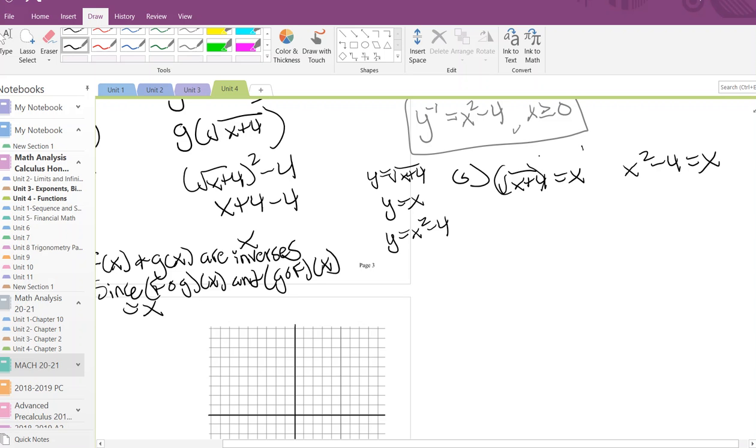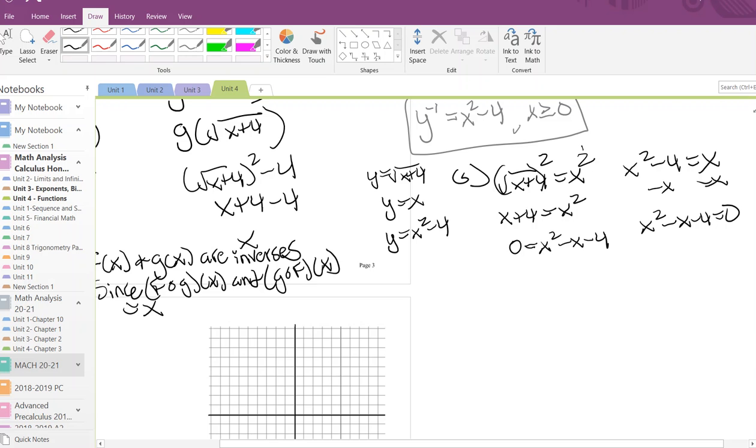And in this case, notice when I square both sides, I get x plus 4 equals x squared. So I get 0 equals x squared minus x minus 4. And if I did the same thing here, subtract the x, notice I get the same equation. So as long as I solve this, I get the intersection.